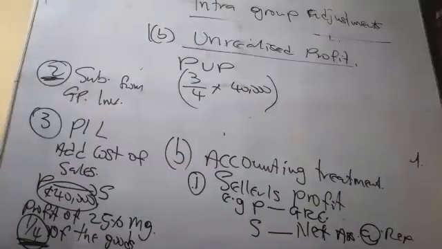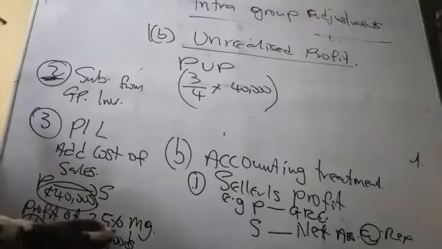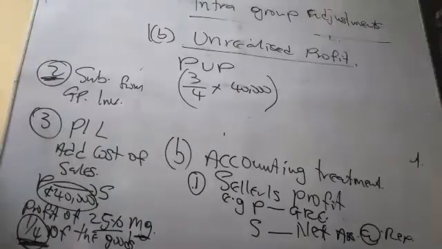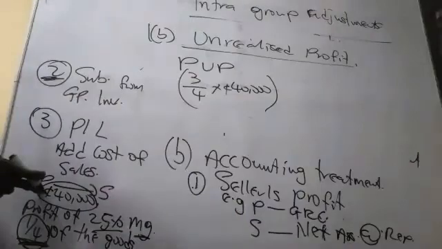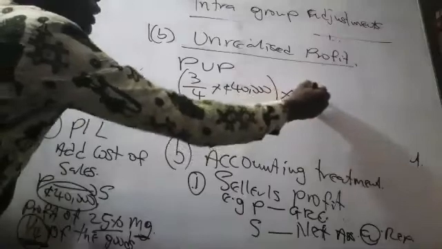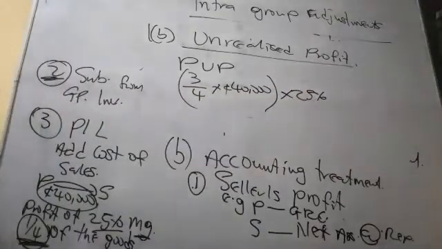Then times the profit loading. What's the profit element? 25% margin. And margin is on sales, and this is the sales value. So times 25%. Good. So this will give us 7,500.